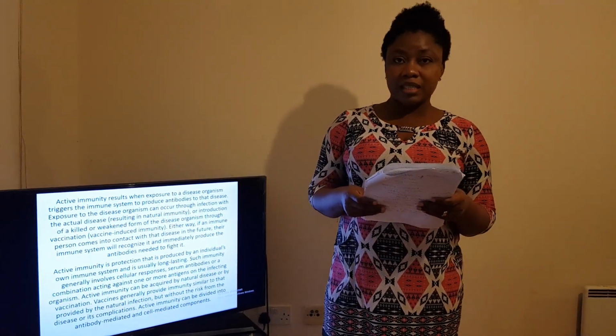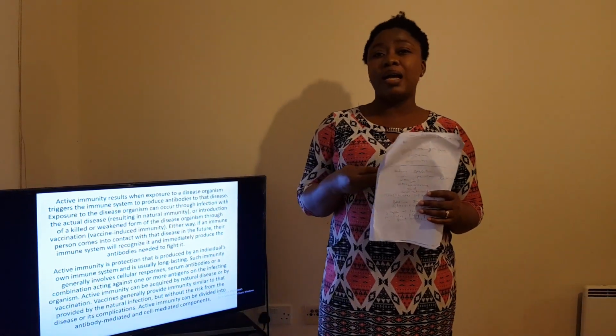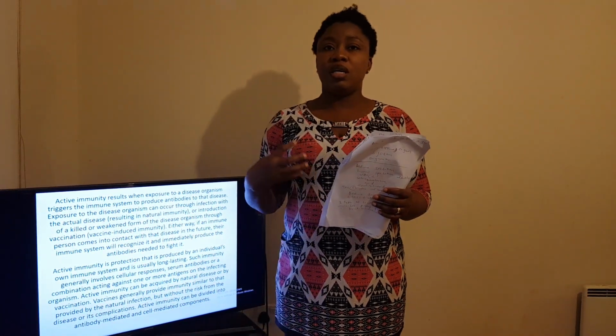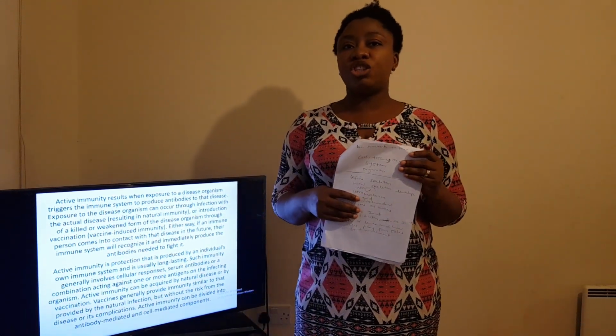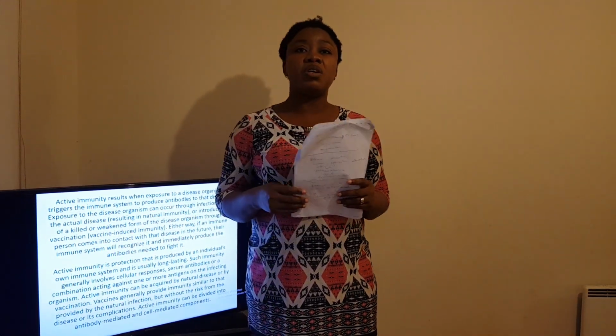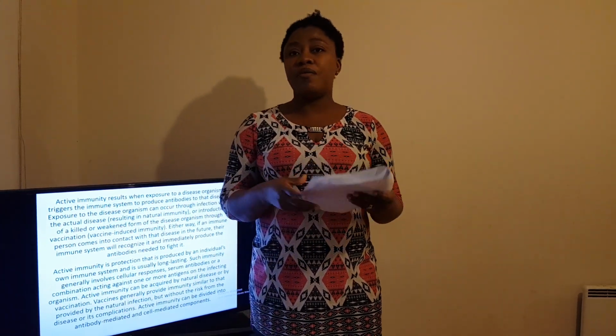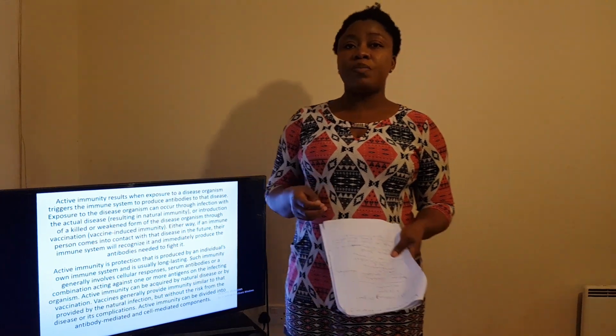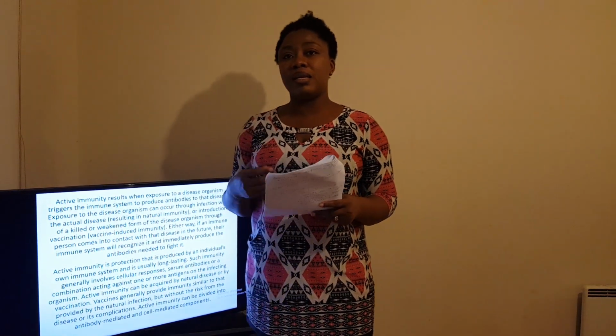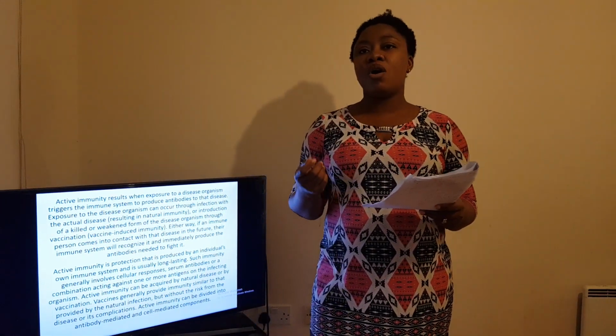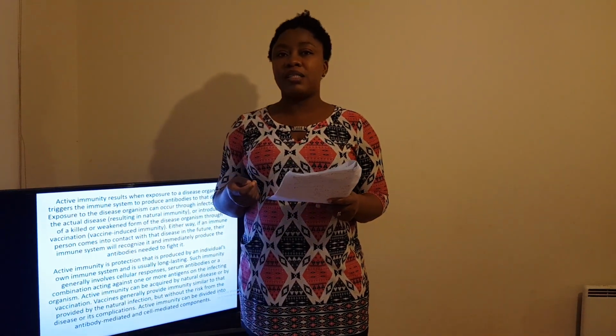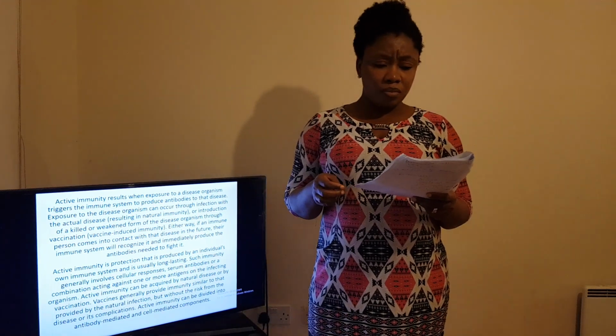Active immunity is protection that is produced by an individual's own immune system and is usually long lasting. Such immunity generally involves a cellular response, serum antibodies, or a combination acting against one or more antigens on the infecting organism.